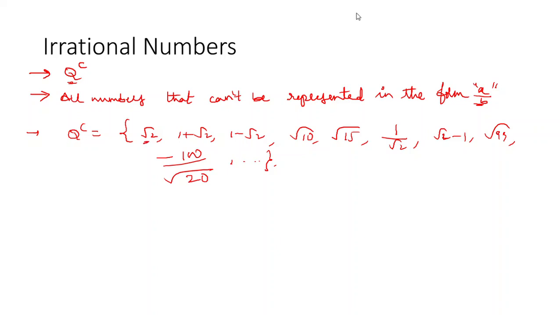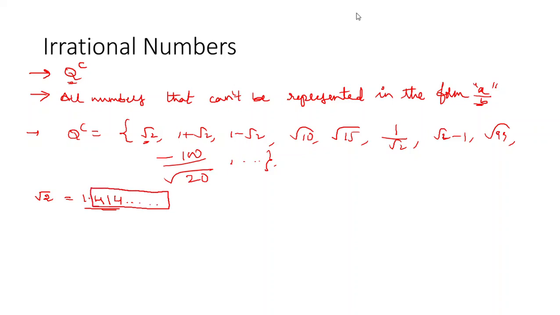In the last slide we took the example of root 2. Root 2 in decimal form is 1.414, up to 3 decimal points. But if we go on finding all the decimal points, this decimal part never ends.